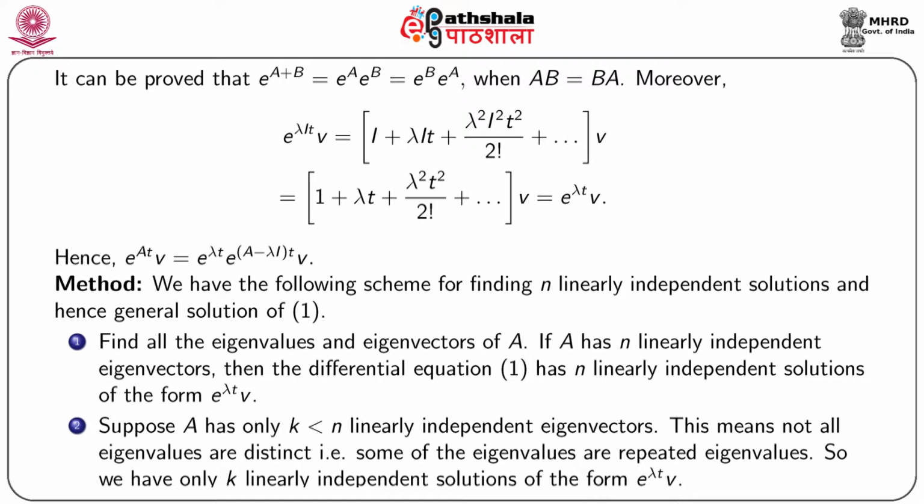Moreover, e to the power lambda I t times v is equal to (I plus lambda I t plus lambda squared I squared t squared by 2 factorial plus ...) times v, which is equal to (1 plus lambda t plus lambda squared t squared by 2 factorial plus ...) times v, which is equal to e to the power lambda t times v, and hence we conclude e to the power At times v is equal to e to the power lambda t times e to the power (A minus lambda I)t times v.